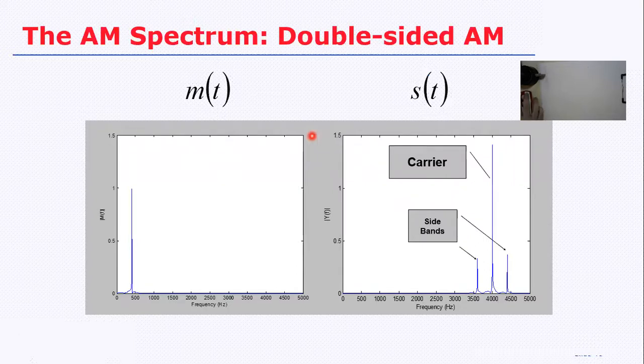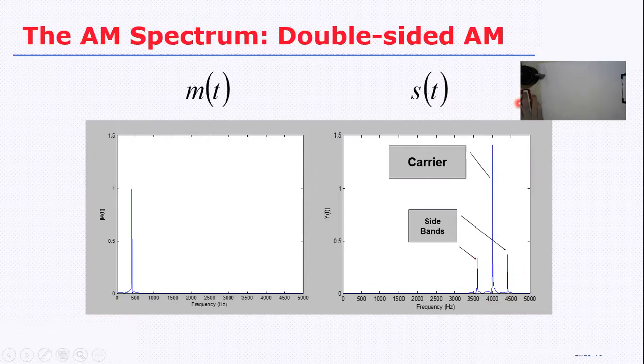Finally, if we would like to plot the spectrum, I believe we already did this in our previous lecture when we plotted the frequency spectrum. We say that whenever you have a message here, then you will have a carrier and two message copies. But now, please take care.